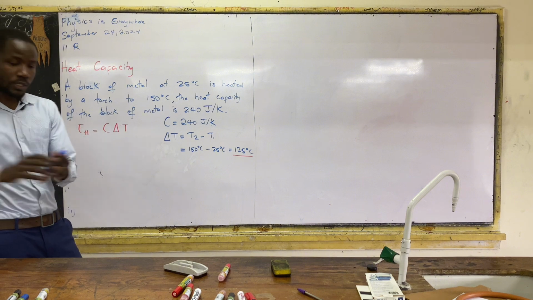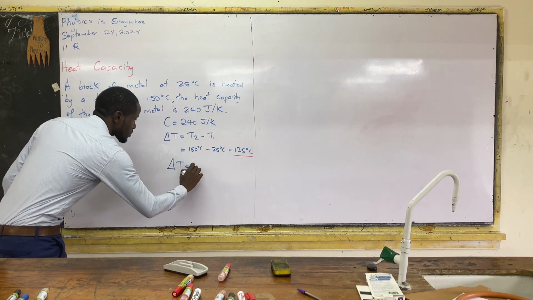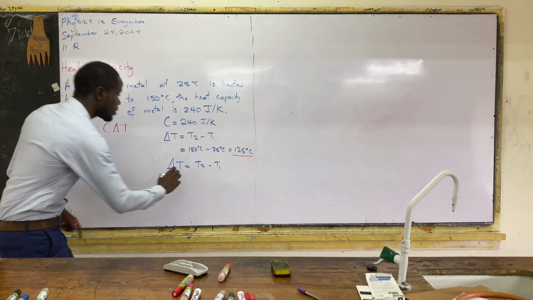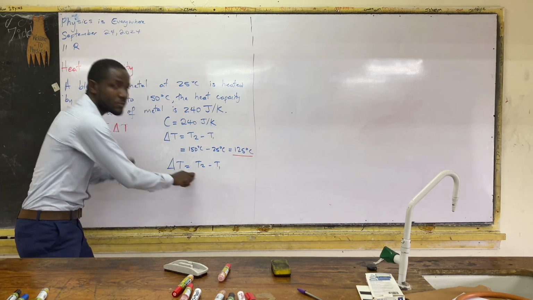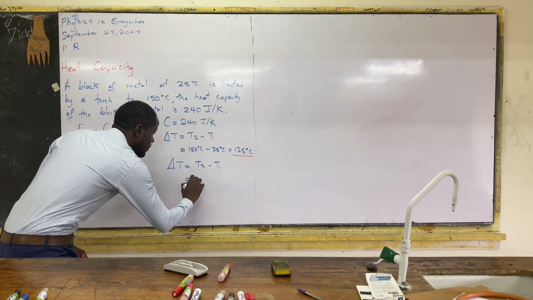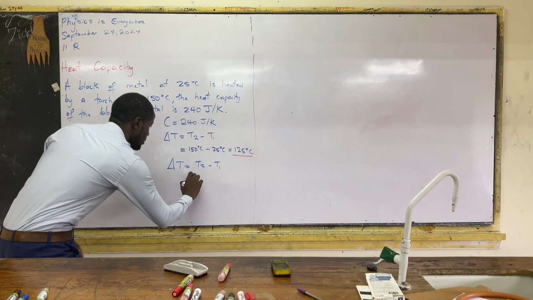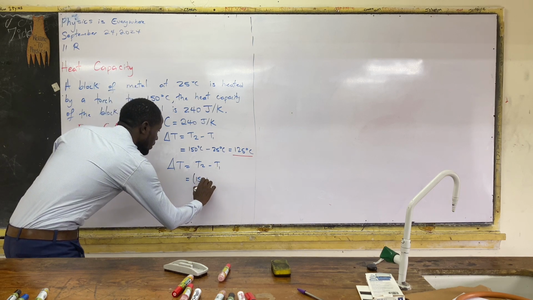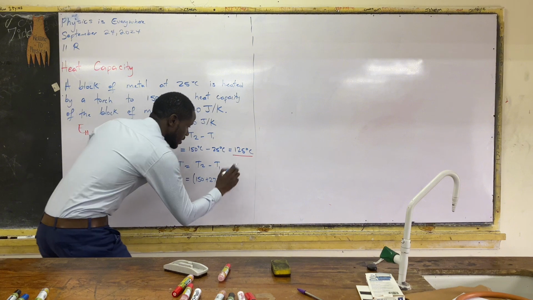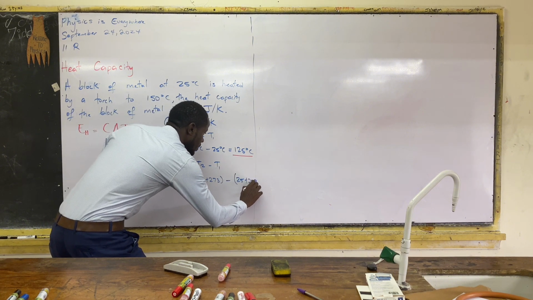So I'm going to show you. Let's say the change in temperature, delta T, is T2 minus T1. We're going to express T2 in Kelvin: 150 plus 273, minus 25 plus 273.